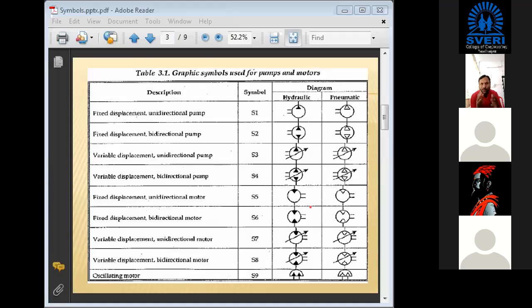That part we are going to see in the next lecture, because we have separate pump and motor parts for hydraulic as well as pneumatic. Everything we are going to study in the next lectures. That part we have not covered yet, so maybe this question arises. But for symbol purpose, the difference is only the arrow.